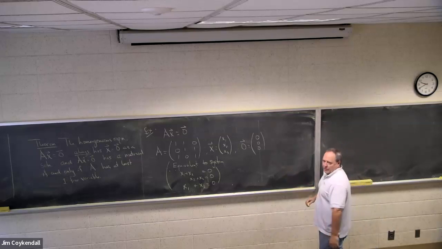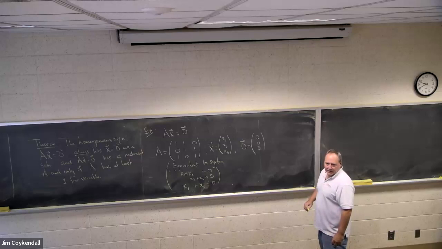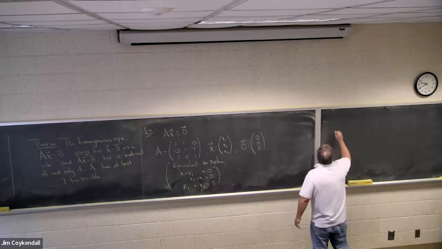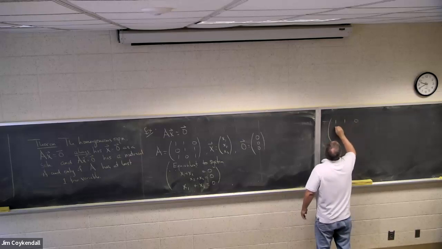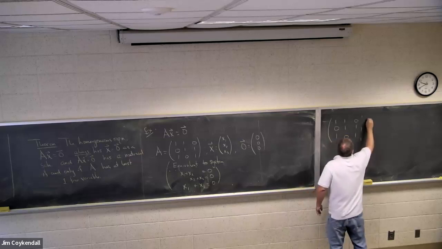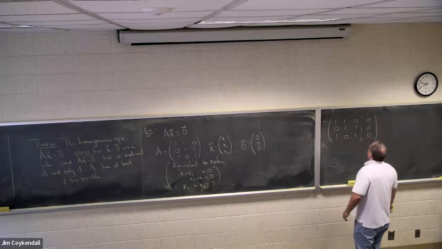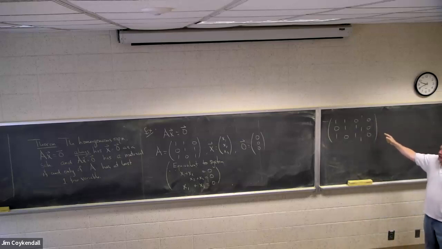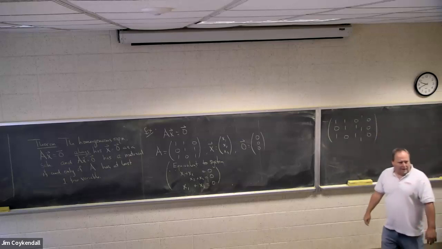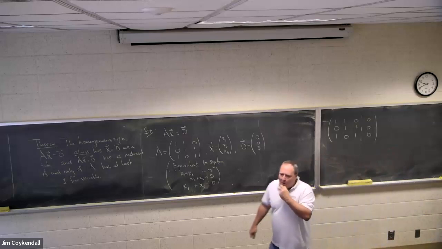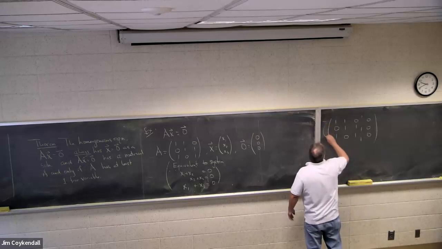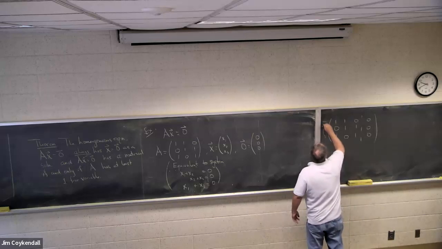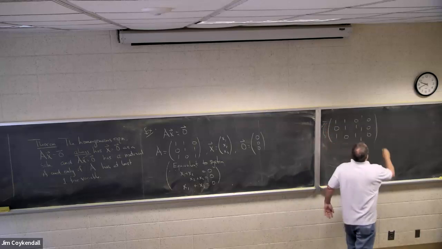So let's go through, just like it's a system, and try to figure out what happens. Let's augment the matrix: 1, 1, 0, 0, 1, 1, 1, 0, 1. And like I said, it's homogeneous because you've got all zeros down the right-hand stripe. Now I'm going to multiply this by -1 and add here.